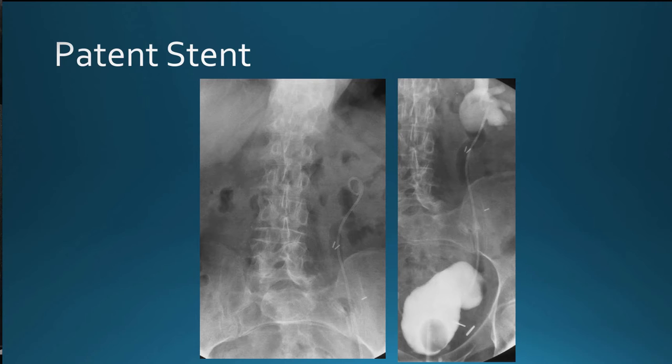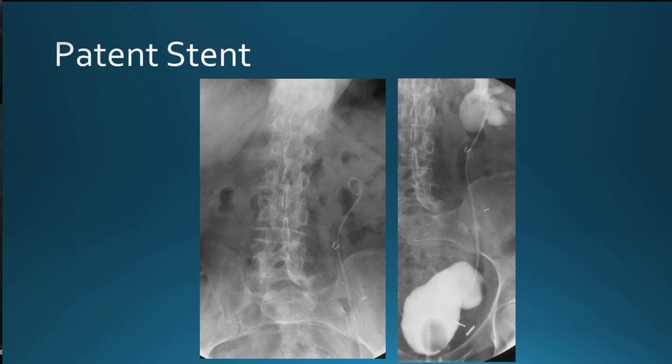Basically, you perform, in this case, a cystogram, assuring that there's significant distension of the bladder, and you simply evaluate whether there's accumulation of contrast within the proximal collecting system. Accumulation of contrast means the stent is functioning and patent, the absence of which suggests the stent is not, and it's typically exchanged by the urologist.